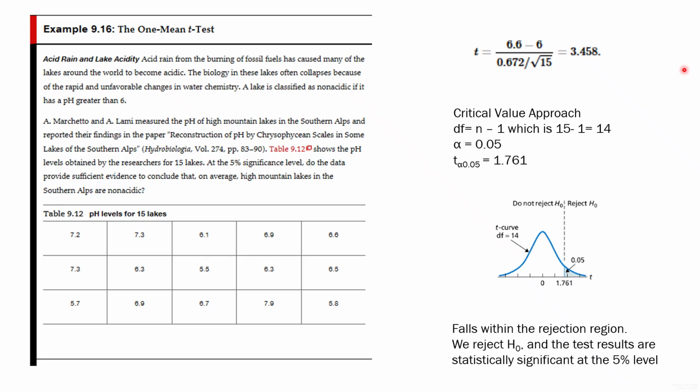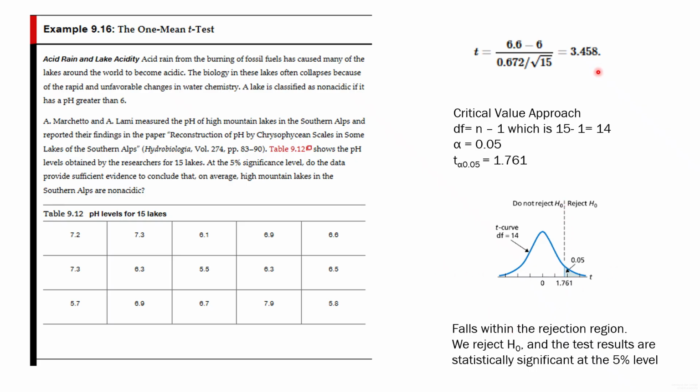And what you want to do is look down the left column side for your DF of 14. And then along the very top, your alpha is 0.05. So you just match up the 14 with the t 0.05, and you'll get the critical value here of 1.761.